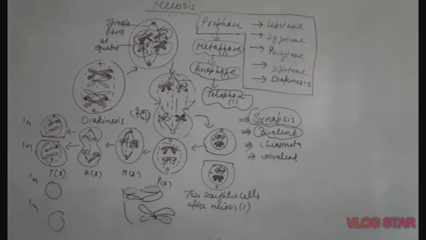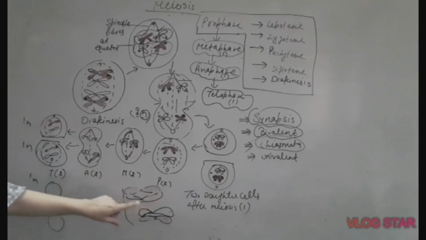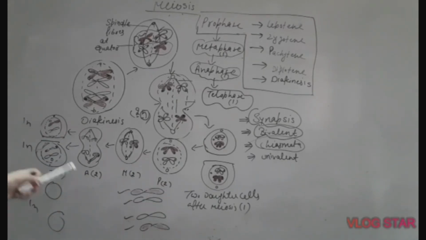Then univalent. Bivalent was what? The paired chromosomes are known as bivalent, and when these bivalents get separated, one chromosome in one cell, then these are known as univalent. So these are 4 univalent separated chromosomes.